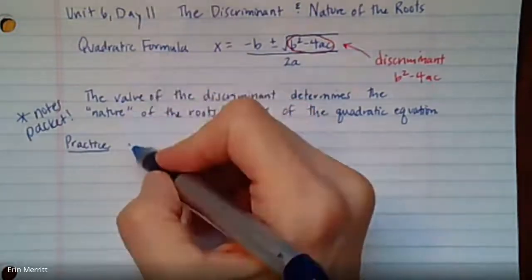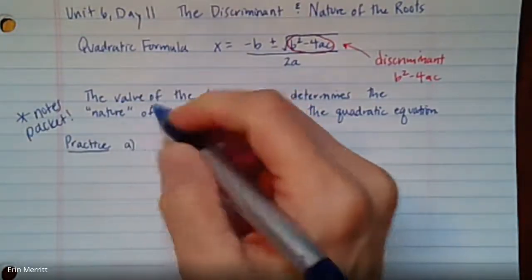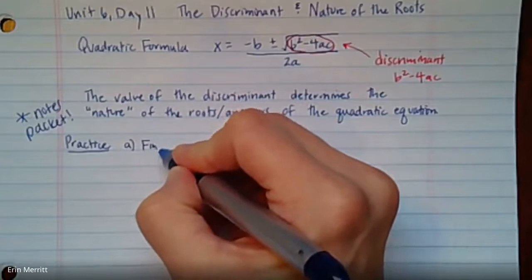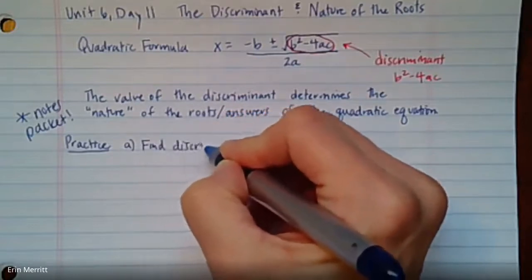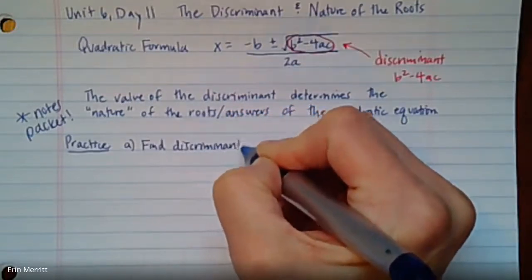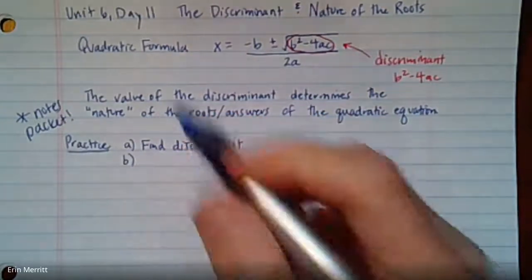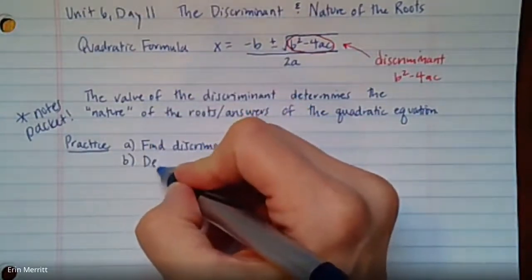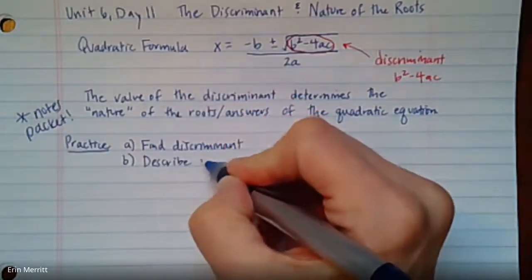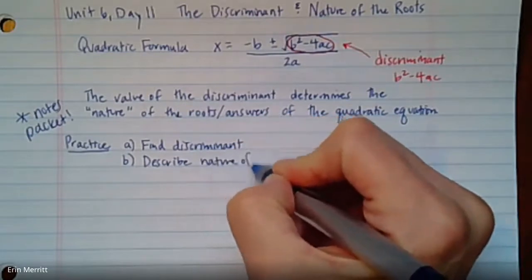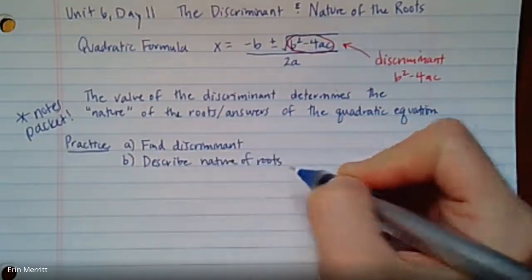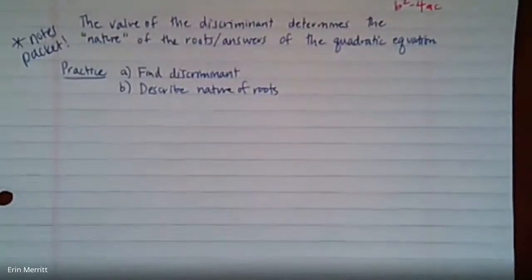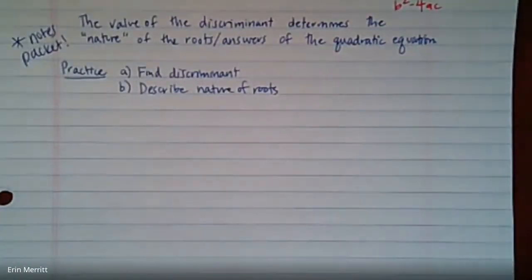All right. So for each of these, what I want you to do is part A, determine the discriminant. And then part B, describe the nature of the roots. So we don't really need to fully figure out the answers. Just the discriminant will tell us what kind of answers we get, right?